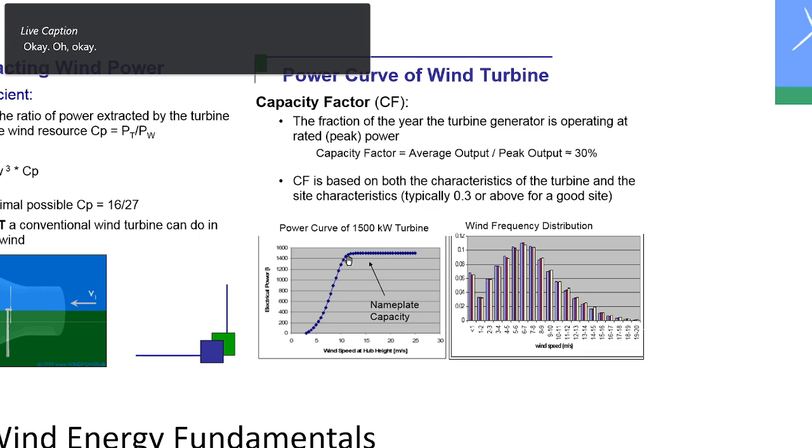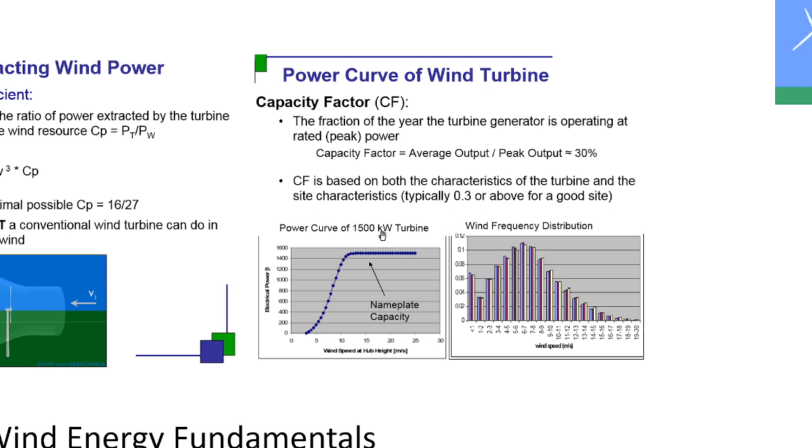This particular point where it generates maximum power, which is the nameplate capacity of the wind turbine, is called rated wind speed. It is not called design wind speed, it is rated wind speed. So at this point only, it will generate maximum power. In this particular turbine, at 12 meter per second only, it will generate maximum power.